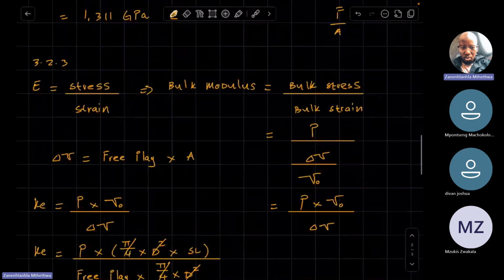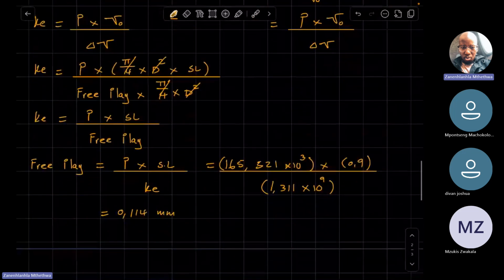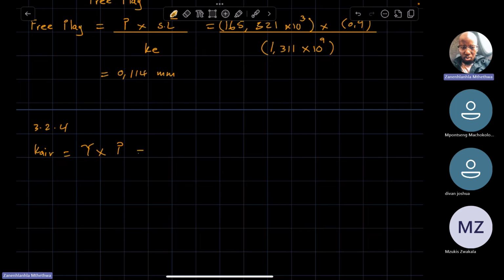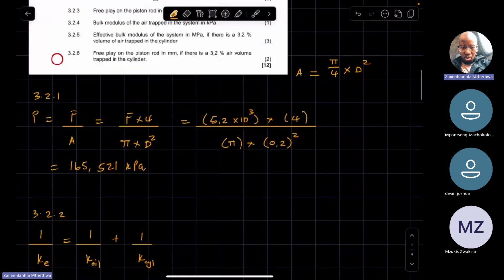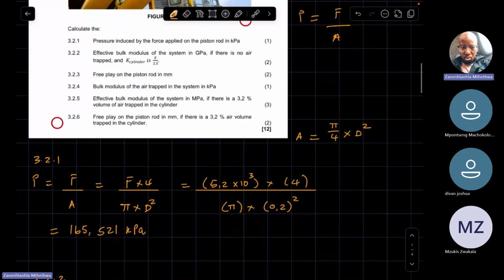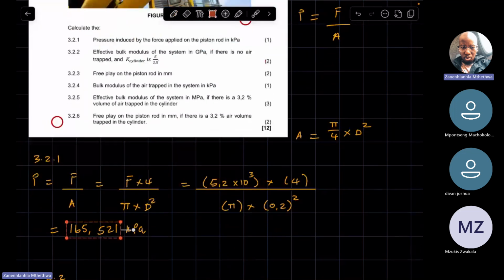So 3.2.4, we are now looking for K air, and K air is that adiabatic index times pressure. They did specify that it must be in kilopascals, so we can use this exactly as it is.